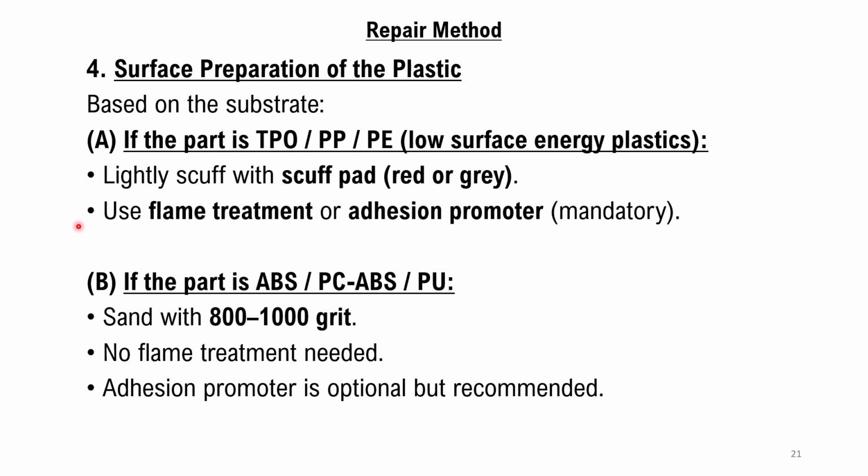Use flame treatment or adhesion promoter, which is mandatory for these types of plastics. And if the plastic is ABS, polycarbonate ABS, or polyurethane, sand with 800 to 1000 grit. No flame treatment needed. Adhesion promoter is optional but recommended.